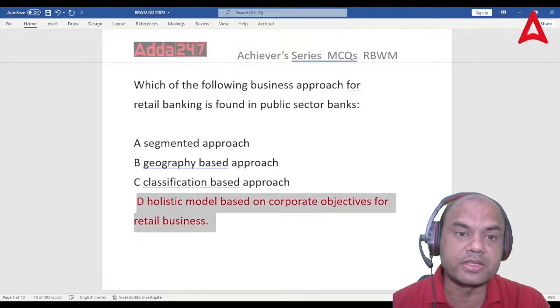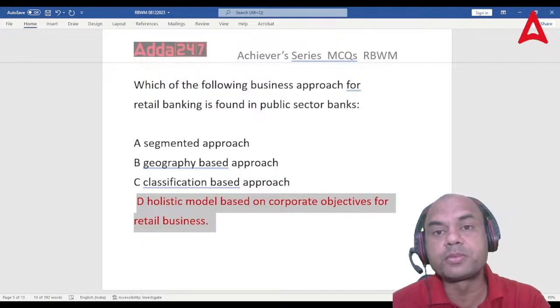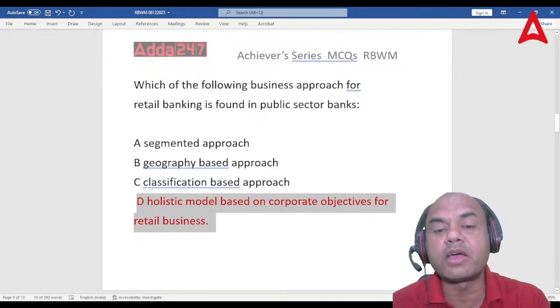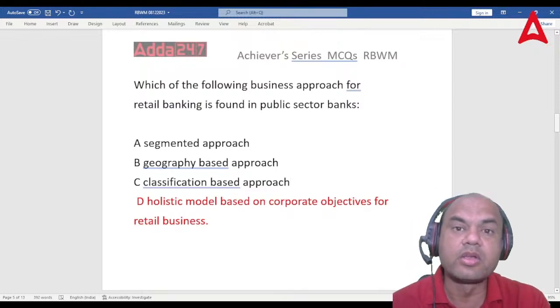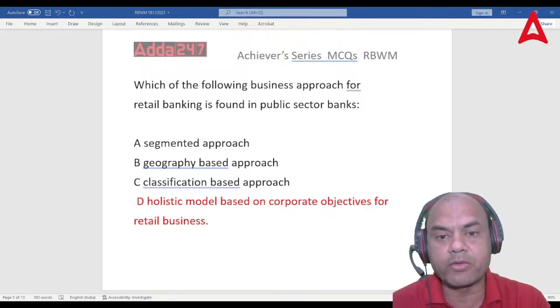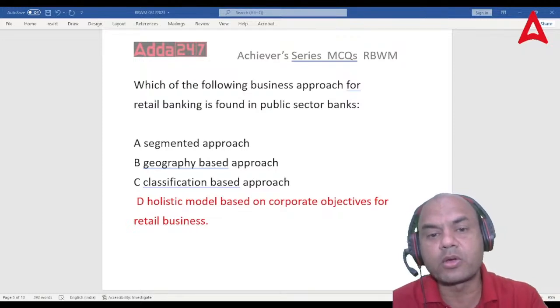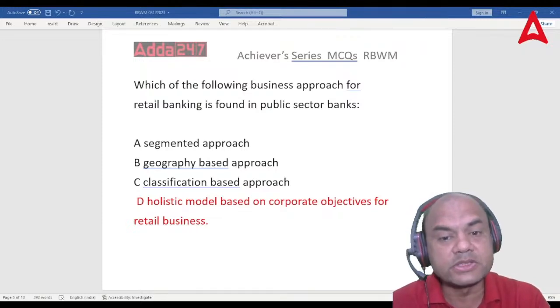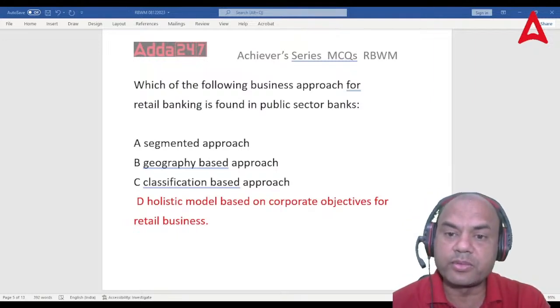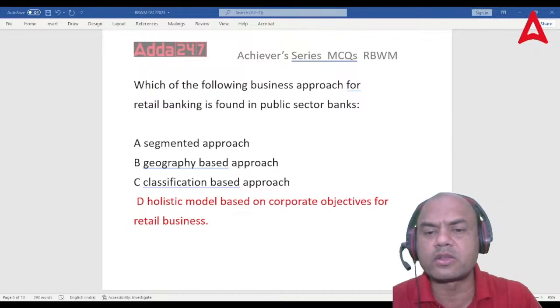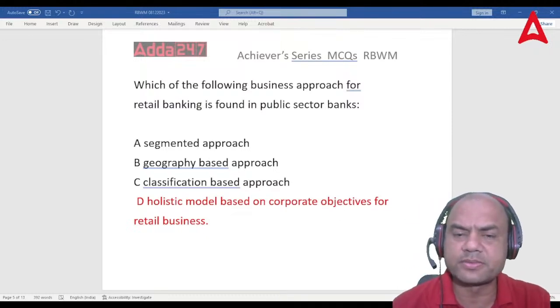So corporate objectives are important. Corporate objectives means where I want my bank to be in coming years, what my net profit should be. Based on that, I'll change my classification, I'll change my geography-based approach. Wherever the branches are not working, I'll shift those branches.